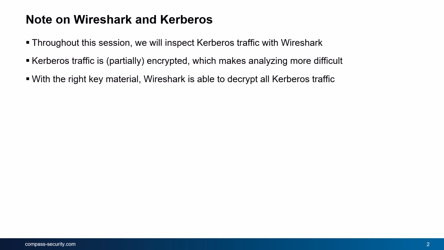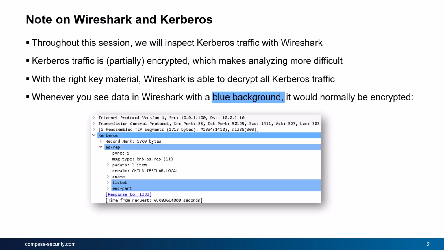So Wireshark will be able to decrypt the Kerberos traffic accordingly. Whenever you see a recording of Wireshark with a blue background as depicted here, that means this data has been decrypted by Wireshark with the provided key material. If you want to learn more about this, you can go back to part 1 of our video series.